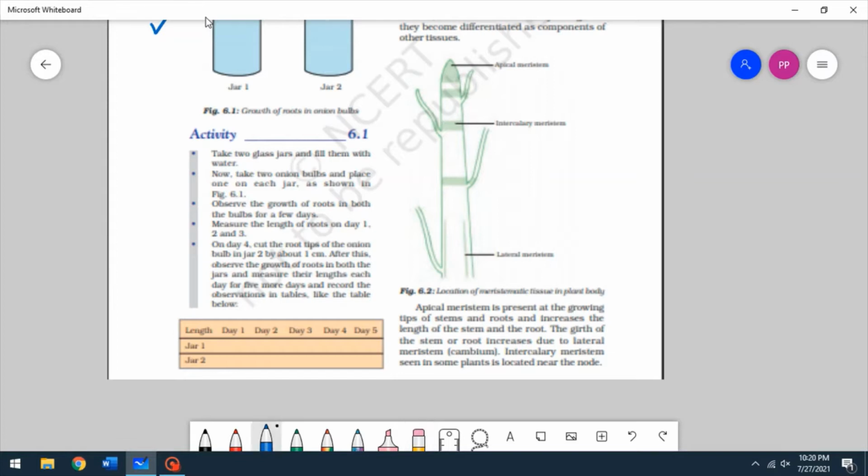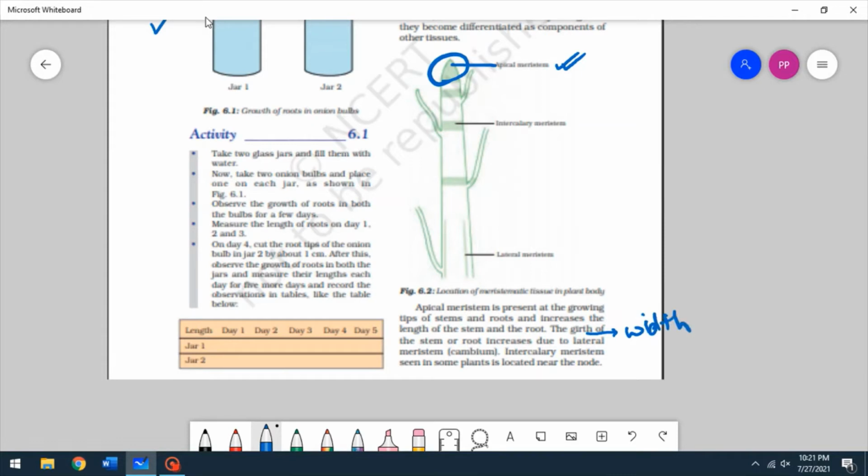Alright, so apical meristem is present at the growing tips of stems and roots and increases the length of the stem and the roots. It's present at the tip of the plant. If you're talking about a plant that's growing from a seed, it's growing vertically because of active apical meristem. And the girth of the stem or the root increases due to lateral meristem, also known as the cambium, and girth is the width or how wide it is.